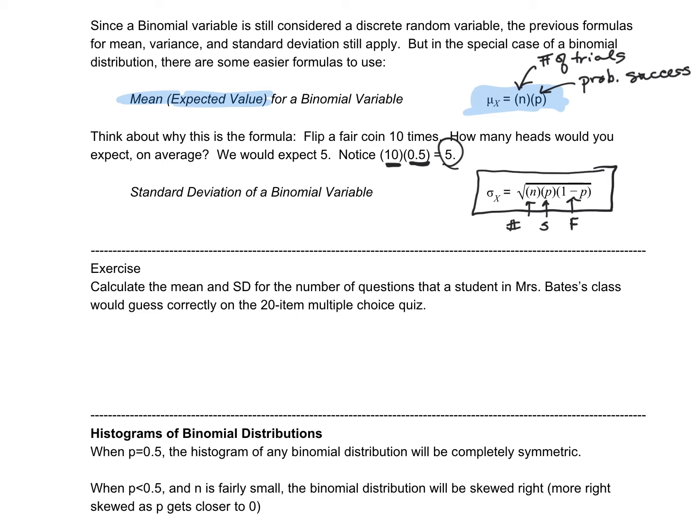That is also a formula you need to know. Which means the variance is just n times p times 1 minus p, because remember, variance is just standard deviation squared. So let's bring all of our vocabulary along with us.